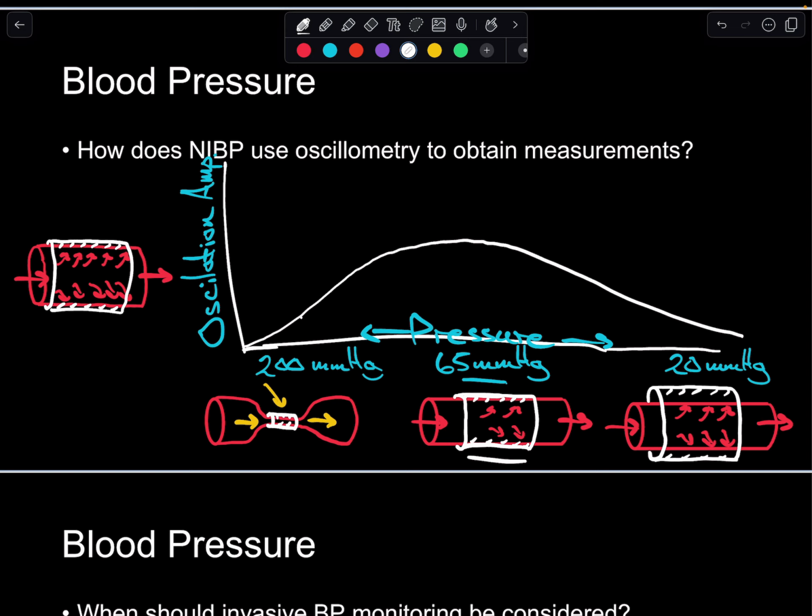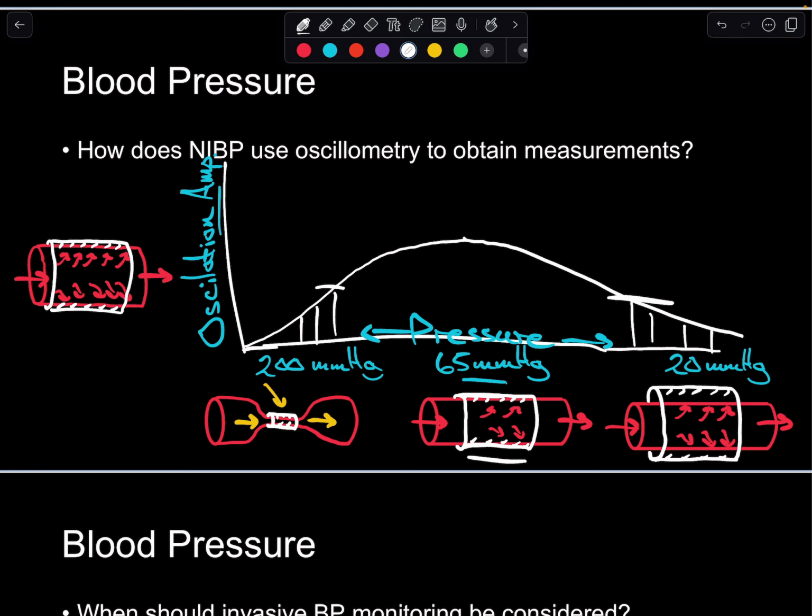So in this diagram over here, you have a minimal or small amount of oscillations. These are oscillations that are being detected. And then on this side, you also have a small or minimal amount of oscillations that are being detected.